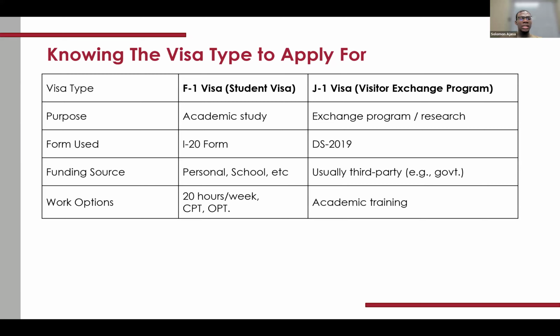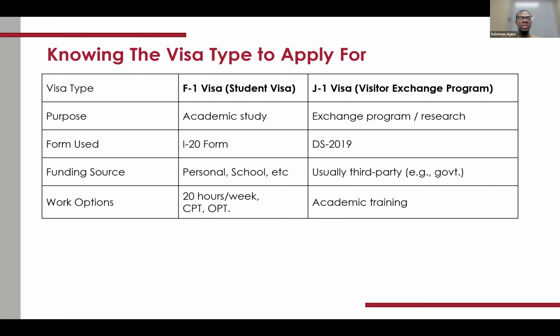As a scholar, there are majorly two types of visa that bring you to the United States for study. The first one is the F1 visa, which is the typical student visa. The other one is the J1 visa, which is the visitor exchange program.